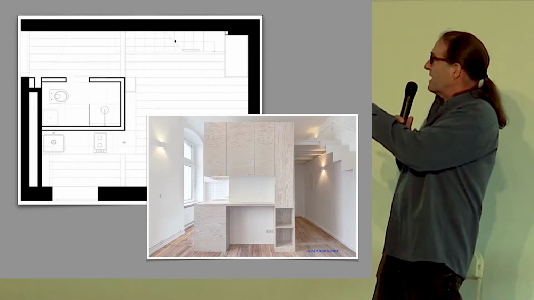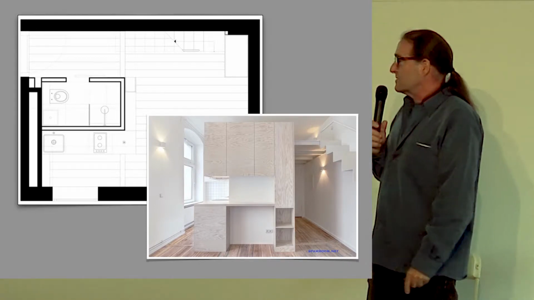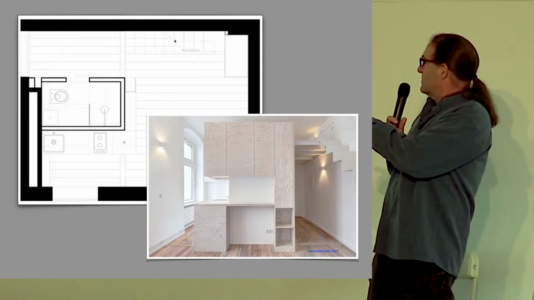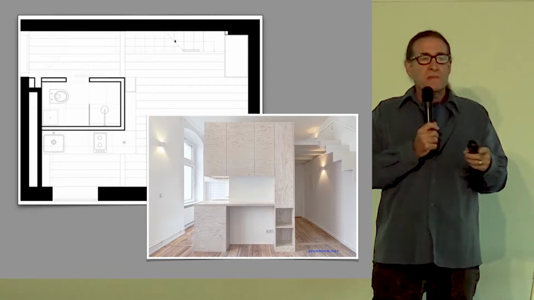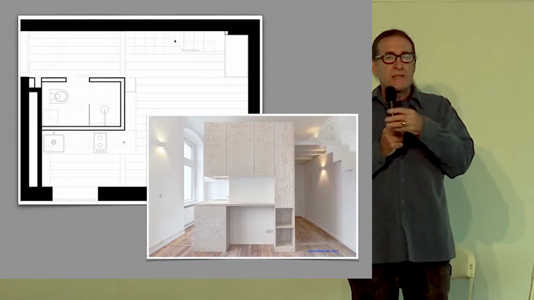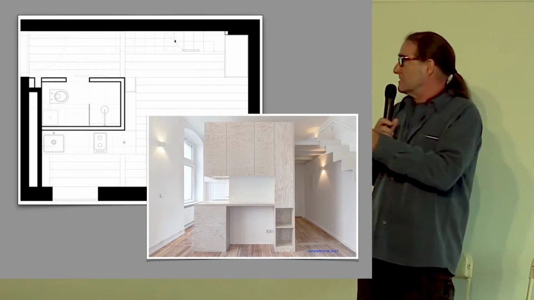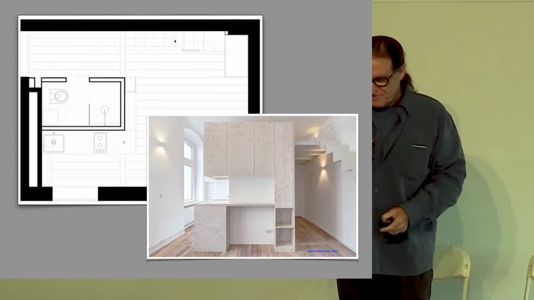You walk by the bathroom and then into the main space. The kitchen is in the lower left. And what you're looking at in the lower picture is a view from the living area or sitting area, looking back towards the kitchen on the left-hand side and the entry door on the right-hand side.